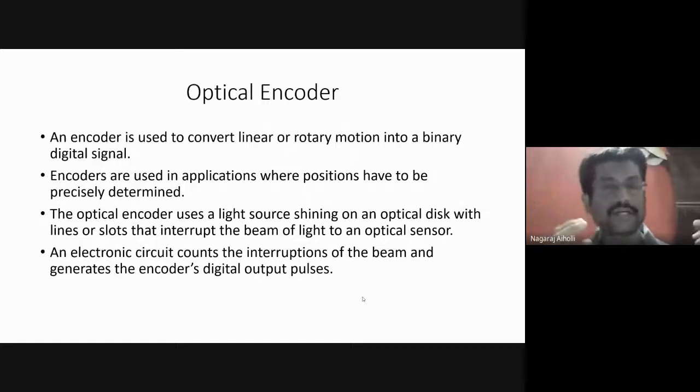When the object rotates, the optical disk, the circular disk, also rotates. This disk consists of a number of slots or holes on its periphery. The light is made to pass from the other end.